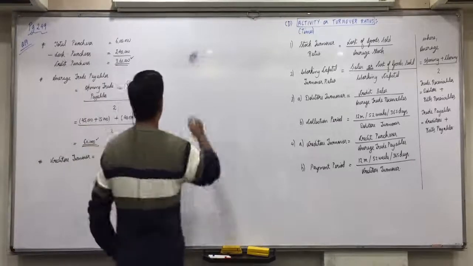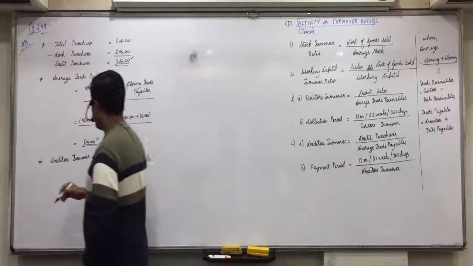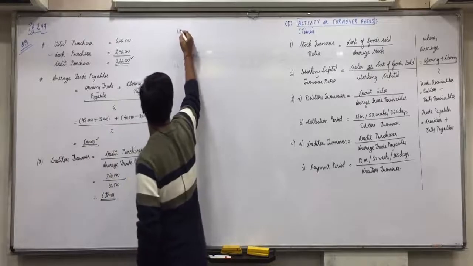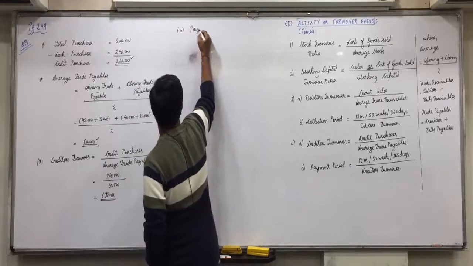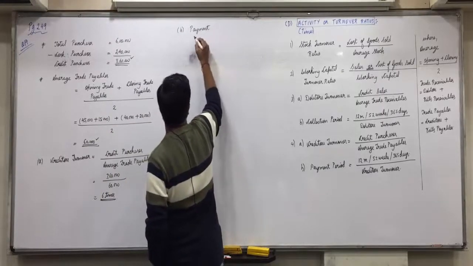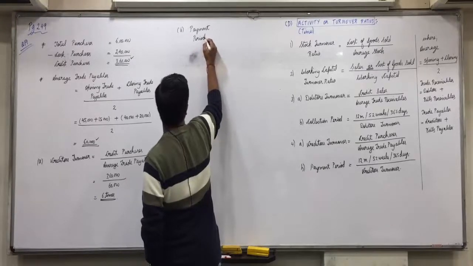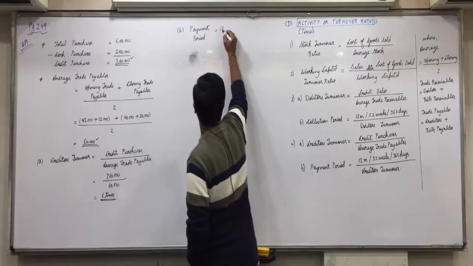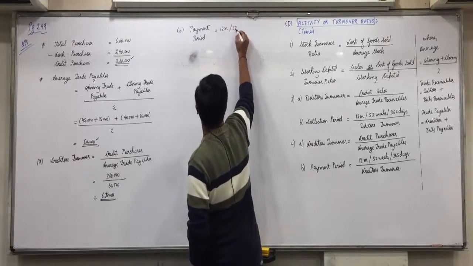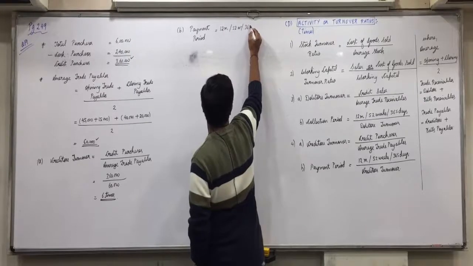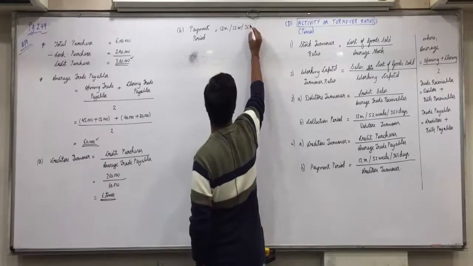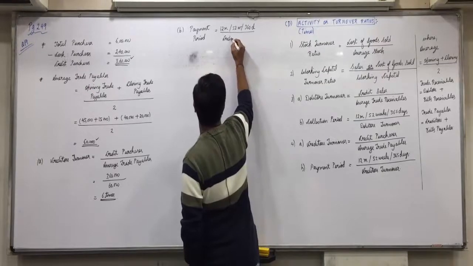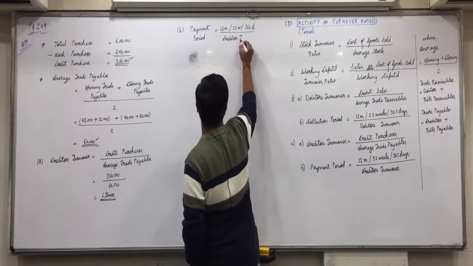Understood this? And you're also asked the payment period. So payment period is equal to 12 months or 52 weeks or 360 days as per the information, divided by creditors turnover.